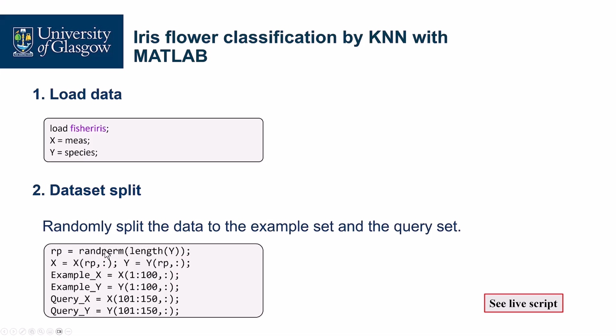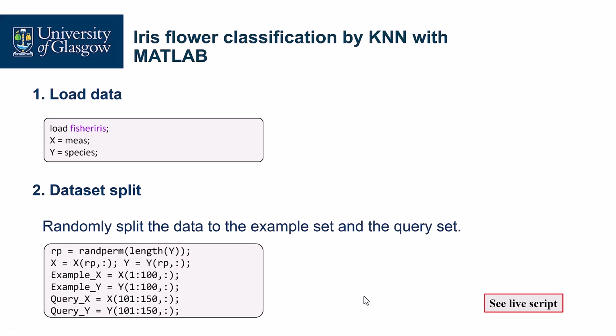This generates a random permutation of a certain length. So we pick the first 100 of them to be example data and the last 50 to be the query data.